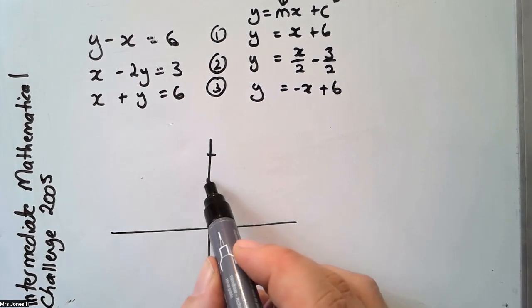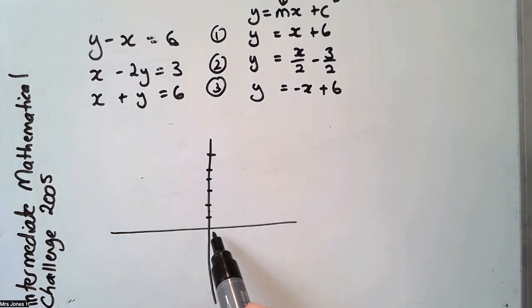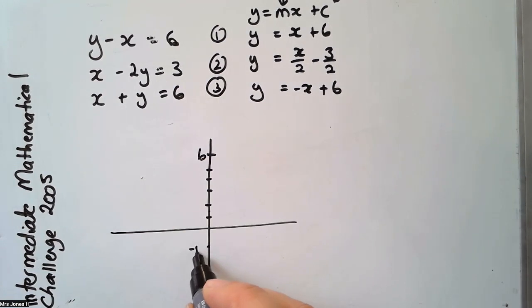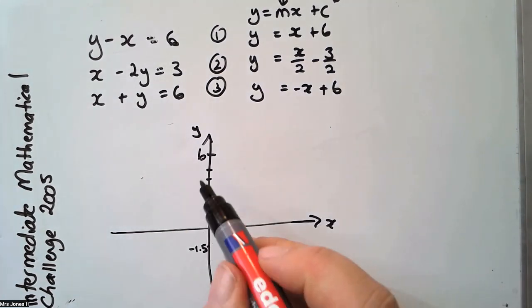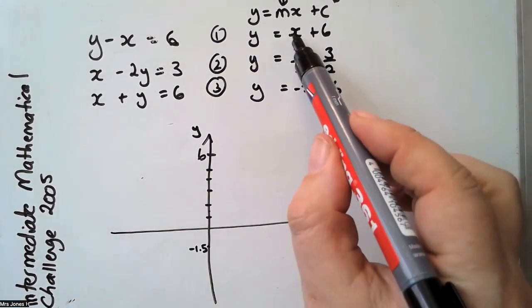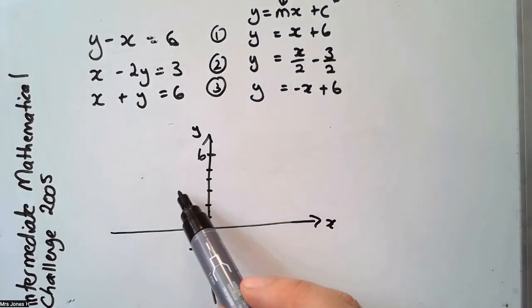So let's see if I can draw it roughly to scale. We're looking at a point here. So this is 6, and this is negative 1.5. This is my y-axis, and this is my x-axis. The gradient here, one line is going to be positive x, one line is going to be negative x.